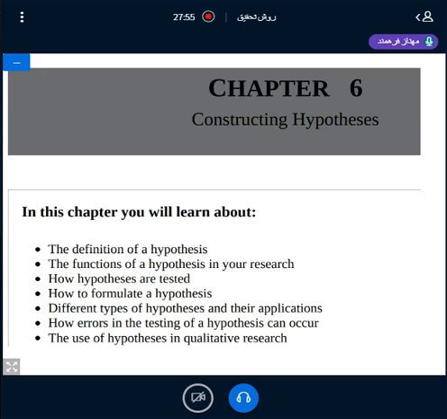Okay, now we receive chapter 6. We are going to study briefly the important notes and keys only, not all of the chapter. You can see here, constructing hypothesis, and all of these chapters that you're going to study here, we will study in the last chapter, writing the proposal.